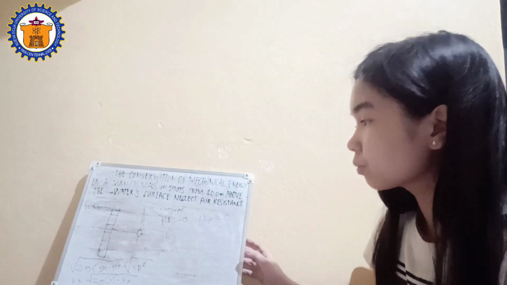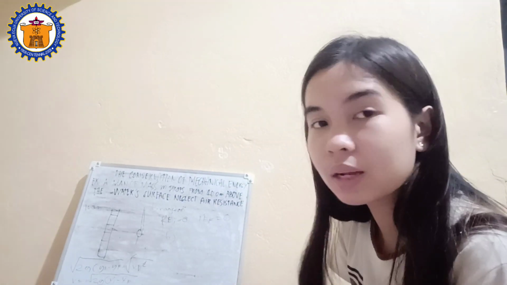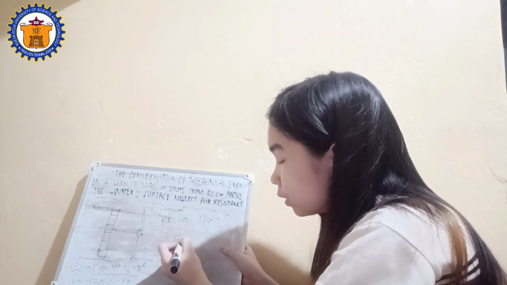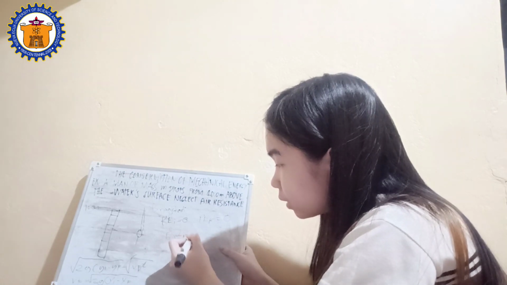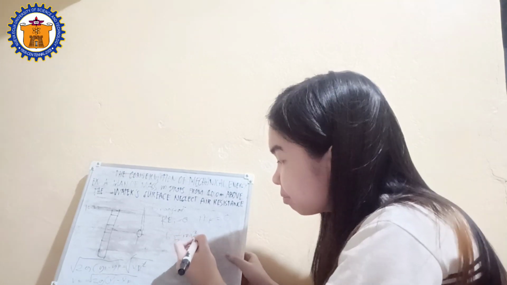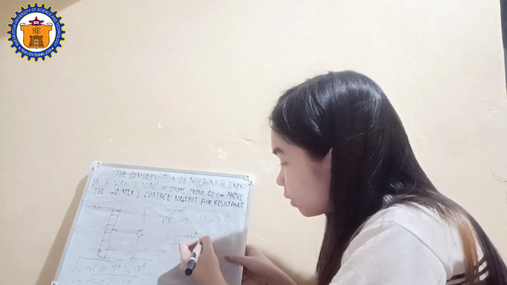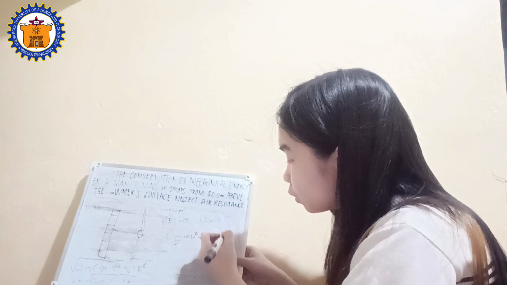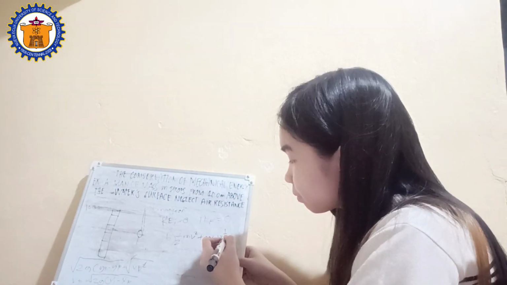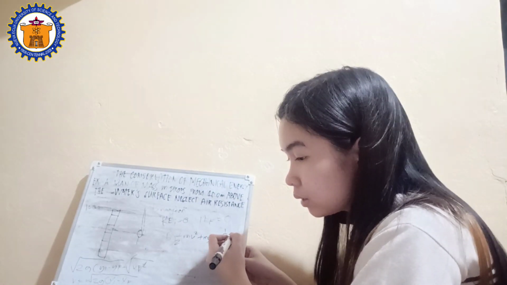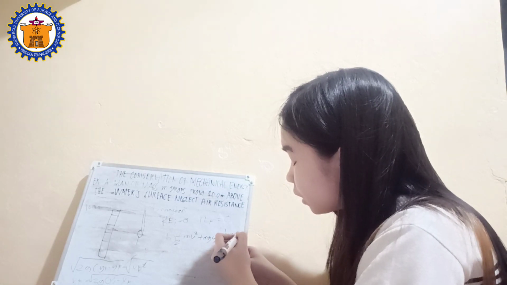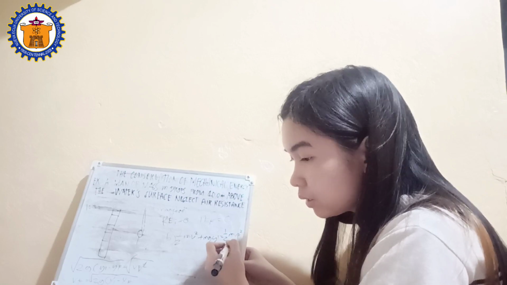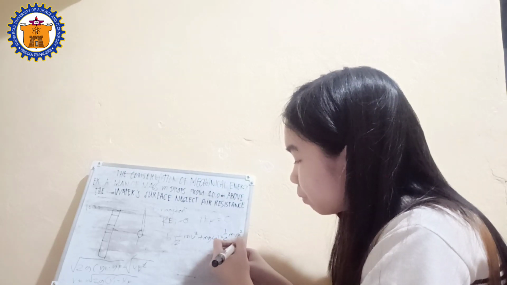So, hanapin na natin si letter B. Ganun lang din yung gagamitin natin formula. 1/2 times mass times velocity squared plus mass times gravity times initial position equals to 1/2 times the mass times the final velocity squared plus mass times gravity times the final position.